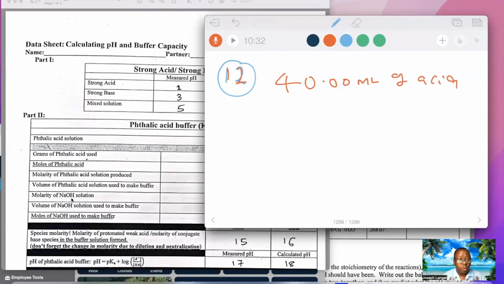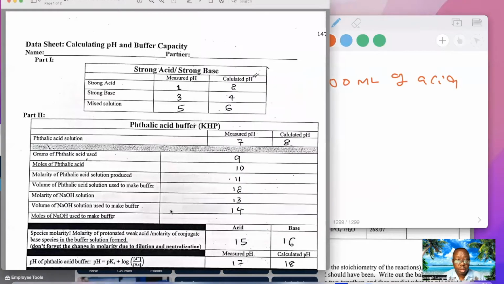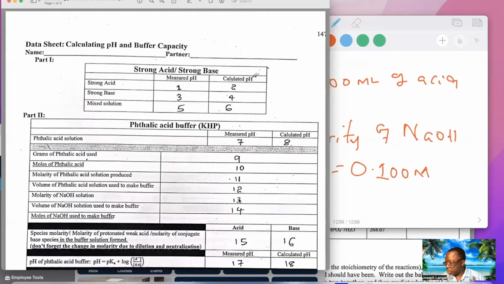Now, the molarity of NaOH used to make this is number 13, molarity of NaOH used, 0.100 molar NaOH.